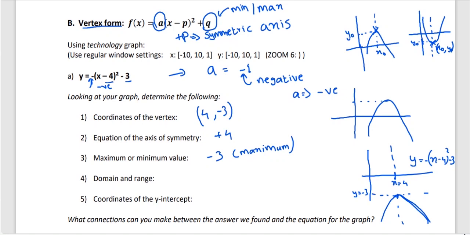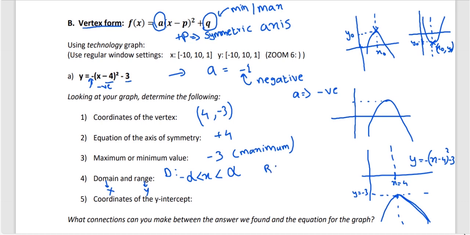The domain is related to x and the range is related to y. For this equation, you don't have any restriction or special interval for x, so x can lie anywhere. That's why I can write x is less than positive infinity and x is greater than negative infinity. So this is my domain. x has no restrictions.